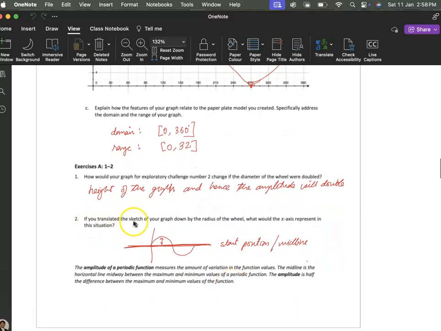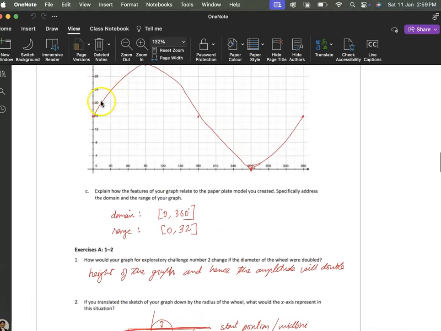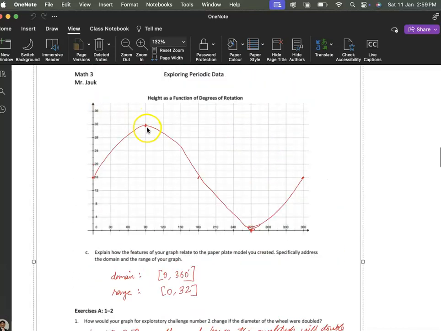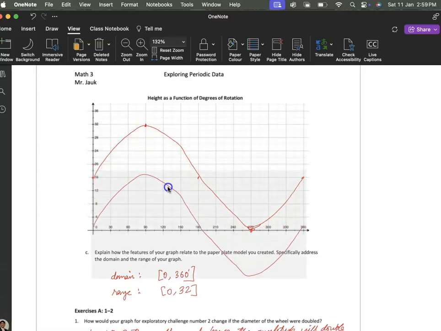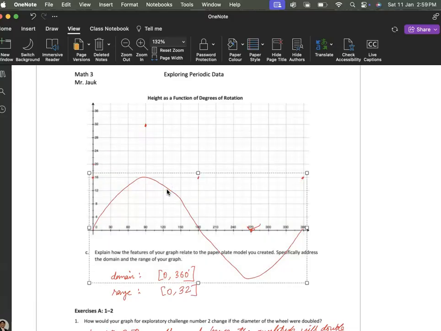If you translated the sketch of the graph down by a radius of the wheel, what would the x-axis represent in this situation? So if you translate this graph down, like this, then that won't work though, because then the Ferris wheel will be going underneath the ground.